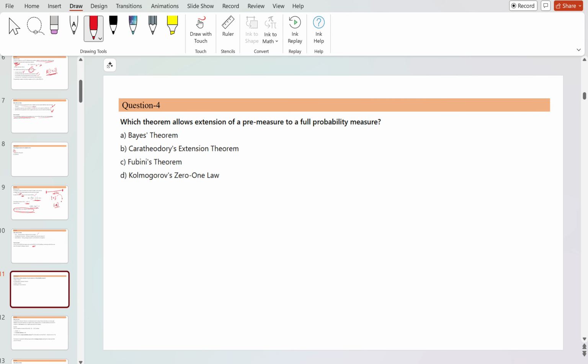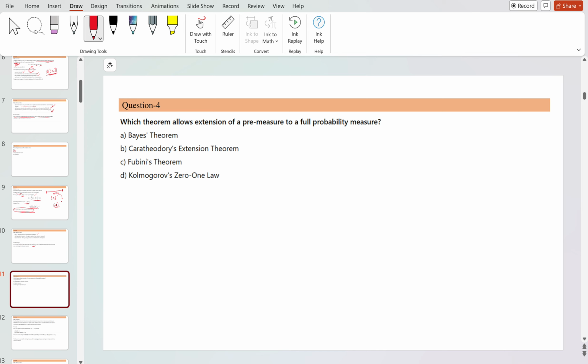Let's move further. Try to solve this. The problem says that out of these four theorems, which theorem allows the extension of a pre-measure to a full probability measure: Bayes theorem, Fubini's theorem, Kolmogorov's zero-one law, or Carathéodory's extension theorem.